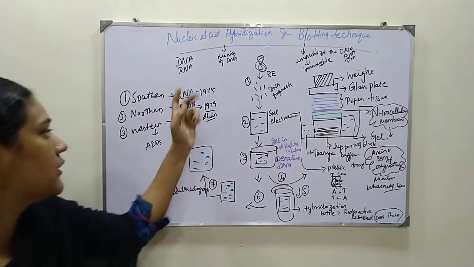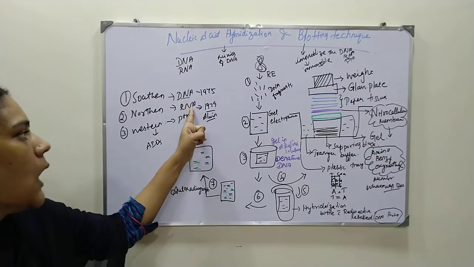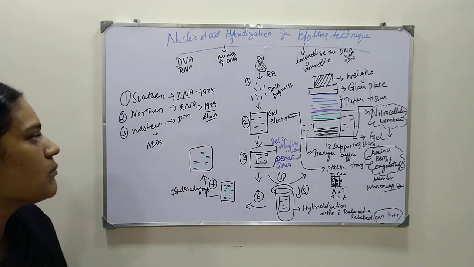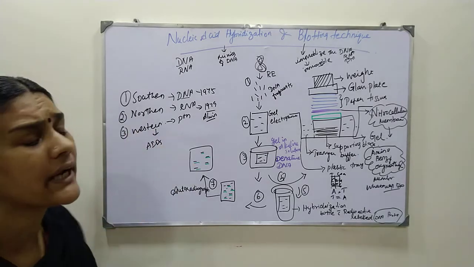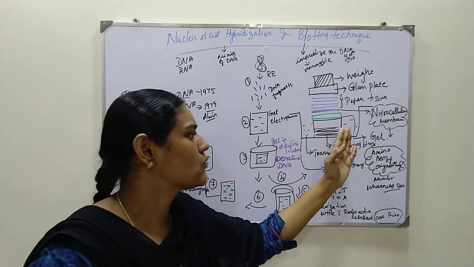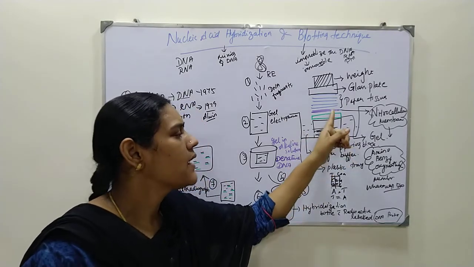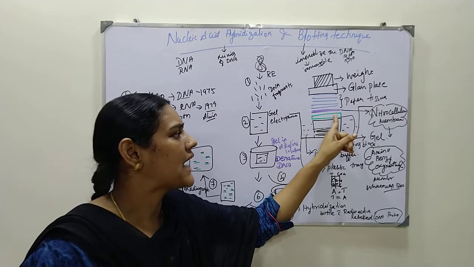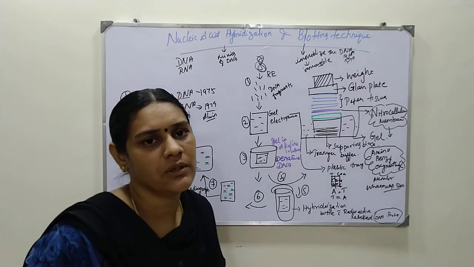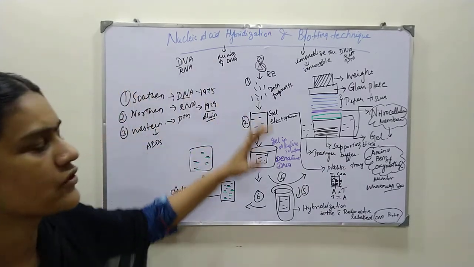This is specific to identify or separate the RNA through the northern blotting technique. And in the western blot technique, we can use different kinds of proteins. The same solid support is there, but here we use the antibody to capture the antigen. Okay, so this is about that.